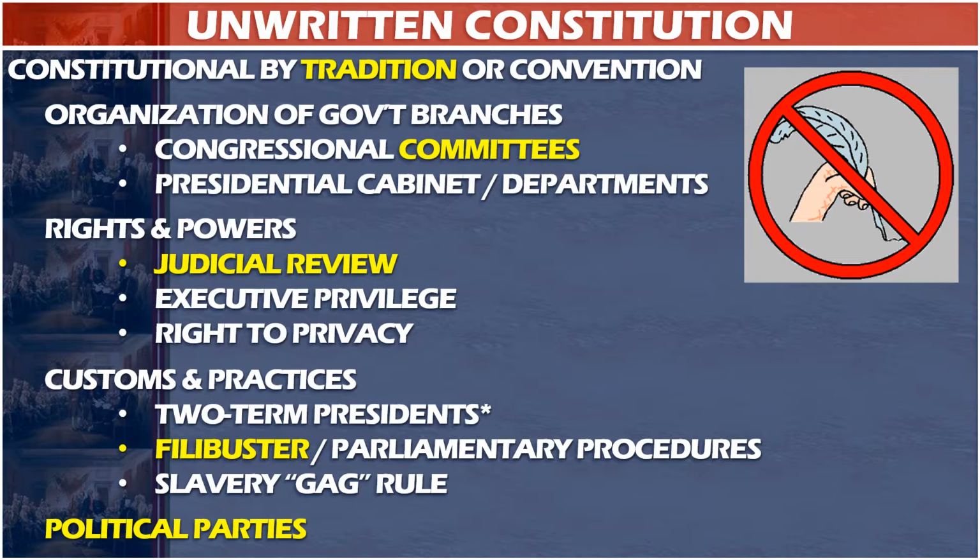Another one, and this is sort of based upon the rules of procedure, is the idea of a filibuster. The idea that in the Senate, the rules allow you to talk as long as you want without interruption and to stop parliamentary business and prevent the passage of laws, which means if someone is recognized to speak, as long as they're able to keep speaking, they're able to stop the action in the Senate.